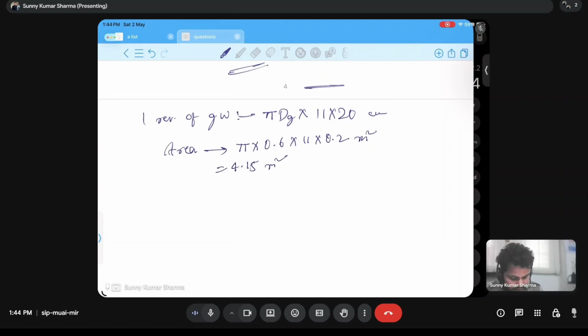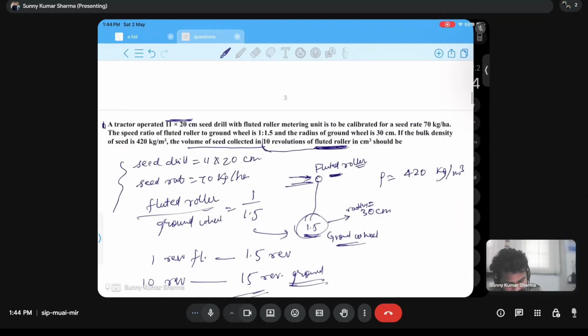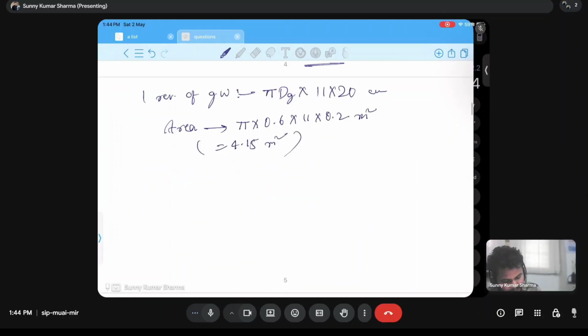Now this is the area, and after area, to deal with how much is being dropped, we will look into the seed rate. Here the seed rate is given as 70 kg per hectare.